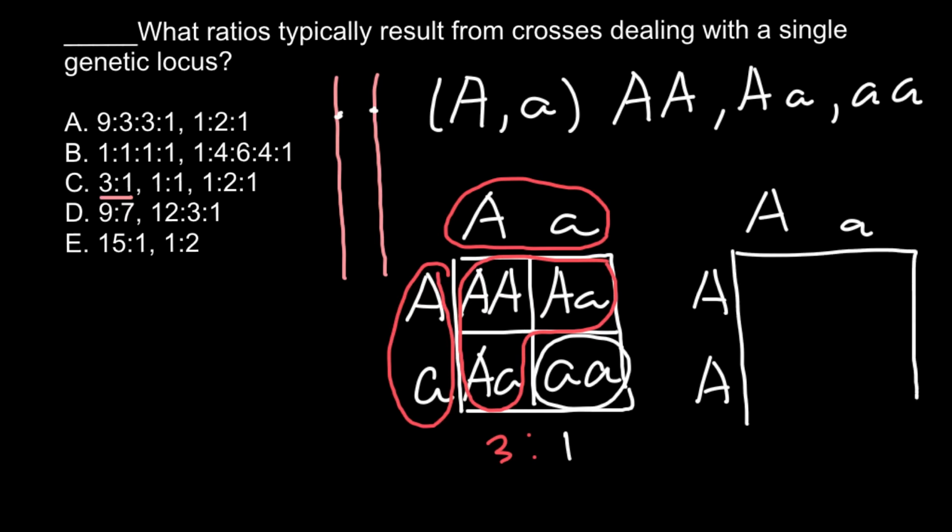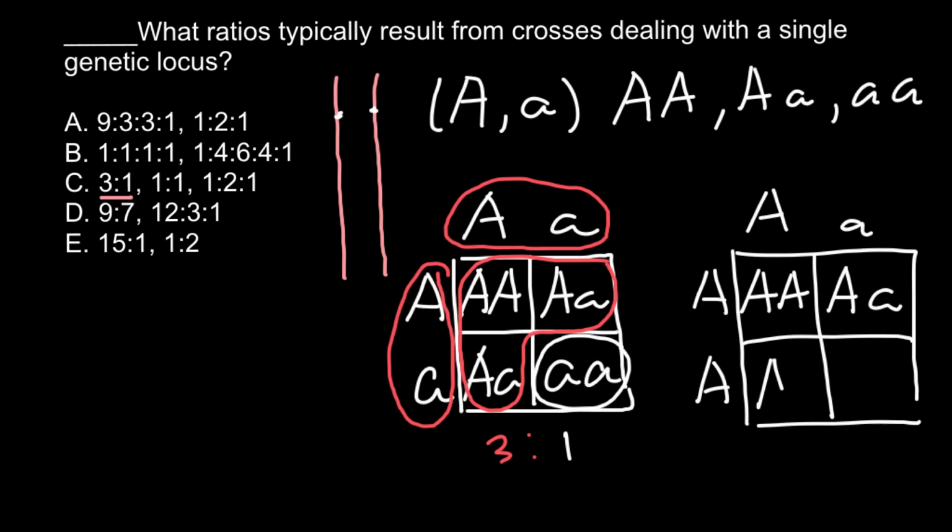In this case, the ratio would be as follows: capital A capital A here, capital A small a here, capital A capital A here, and capital A small a here. So we see here two genotypic ratios, 1:1 or 2:2.